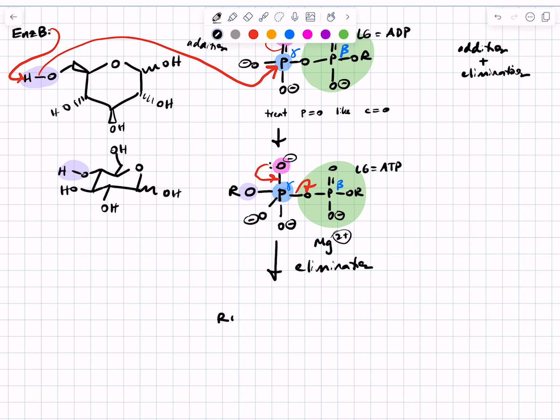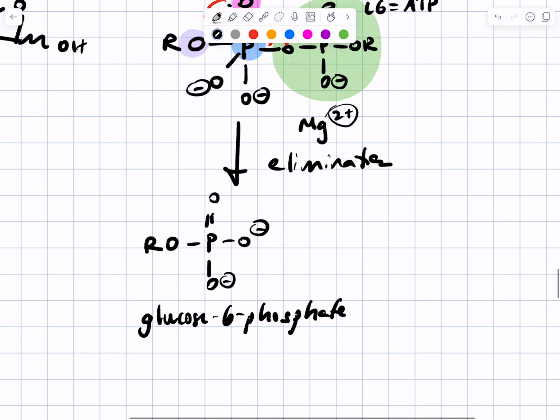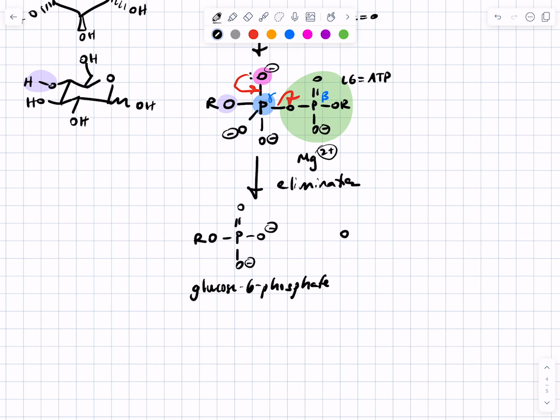When you do that, you have your new phosphoester, which I'm abbreviating like this. This is glucose 6-phosphate. And then your leaving group is ADP. And you are welcome to abbreviate that as well.